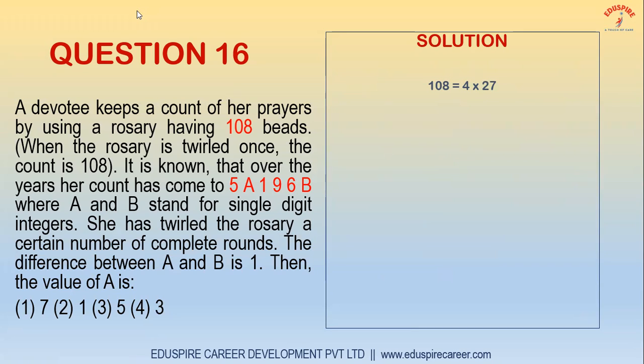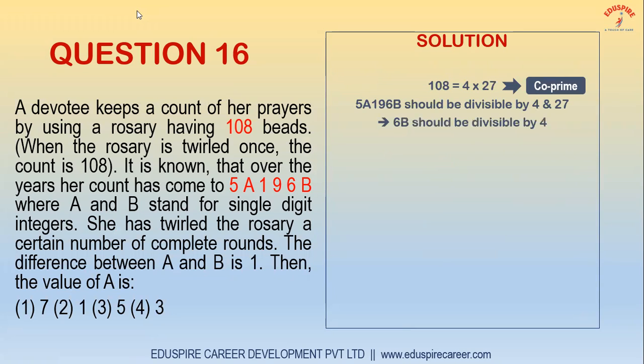You see, 108 can be written as 4 into 27, where 4 and 27 are co-prime. That is exactly why I have written it as 4 into 27. Which means the logic is this number 5A196B should be divisible by both 4 and 27.